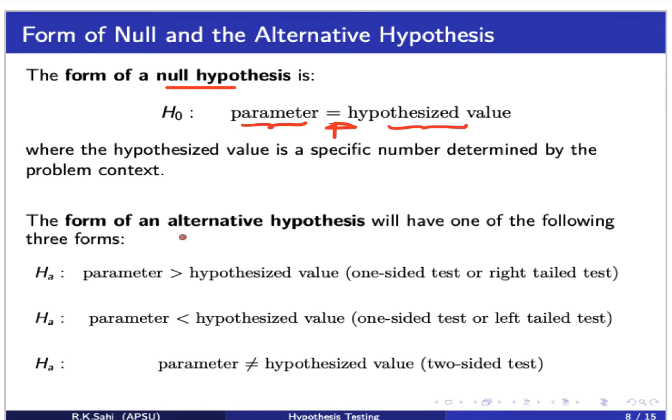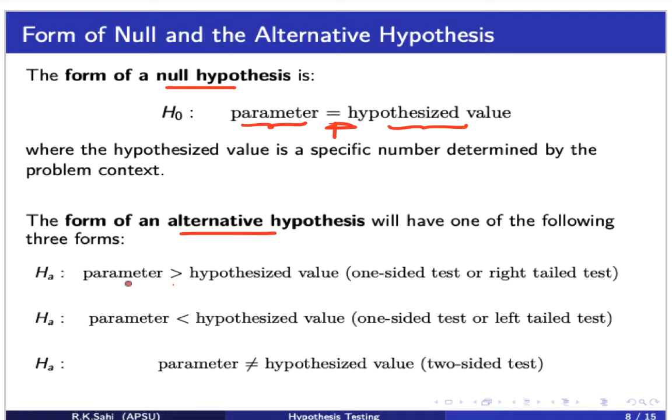Okay, what would be the scenario for an alternative hypothesis then? The alternative hypothesis has three different possibilities. First of all, either the parameter is strictly greater than the hypothesized value, or the parameter is less than the hypothesized value, or the parameter is not equal to the hypothesized value.